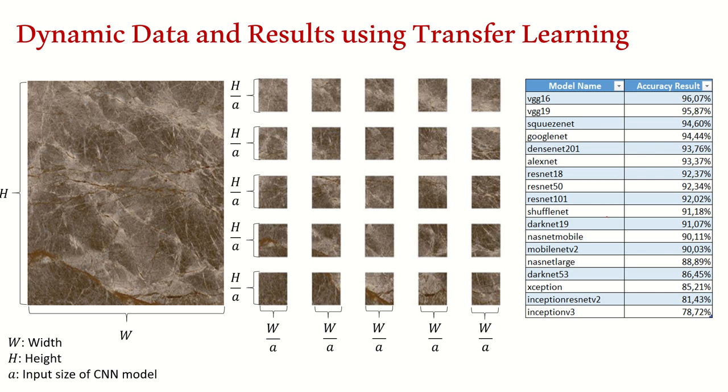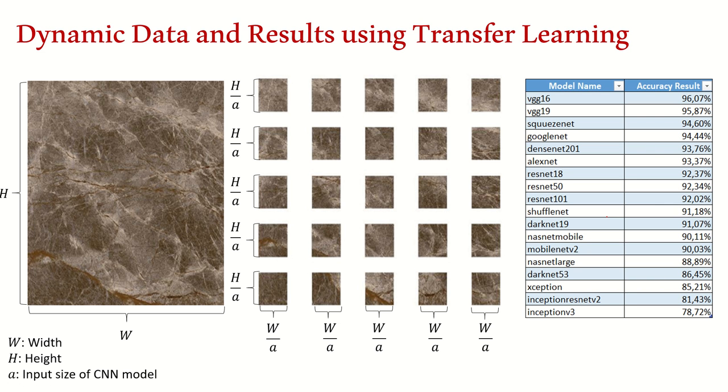We split the data to the model input size. As you see, we have a marble image here, and we are using the input size of the CNN model and splitting the image, and we actually increase the data.